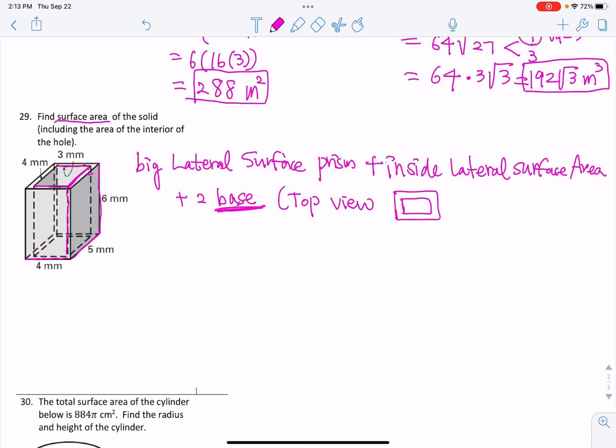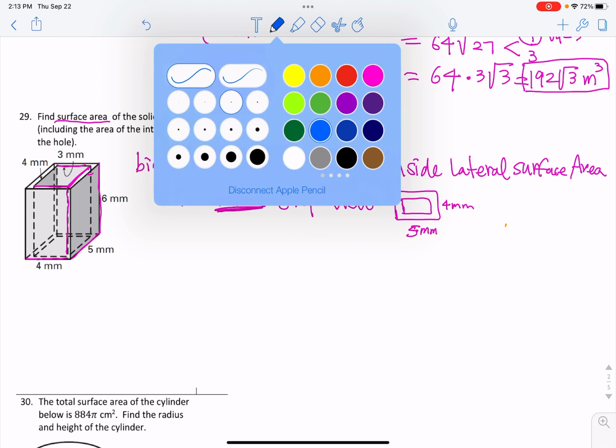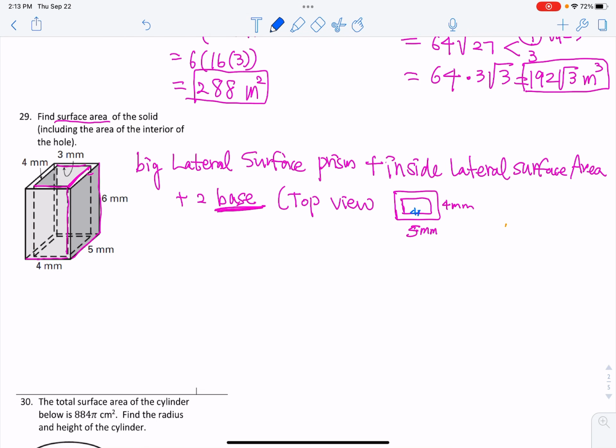And then the outside one is 5 millimeters here and 4 millimeters here, but the inside one is 4 millimeters and 3 millimeters. So you have to find the area at the outside, around the hole kind of shape. That's two of those things. That's what you have to find.